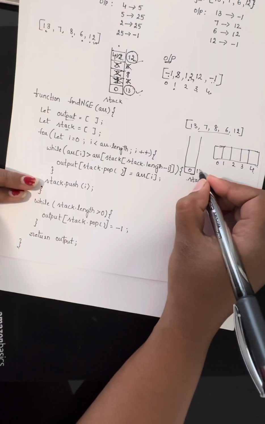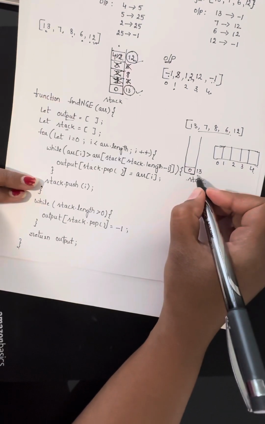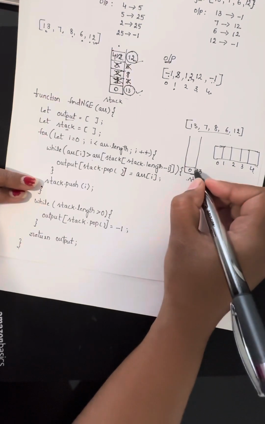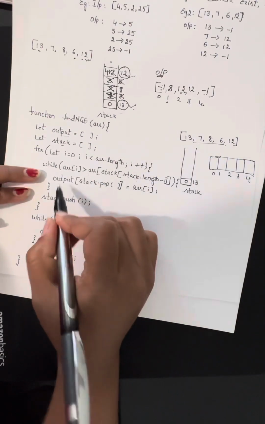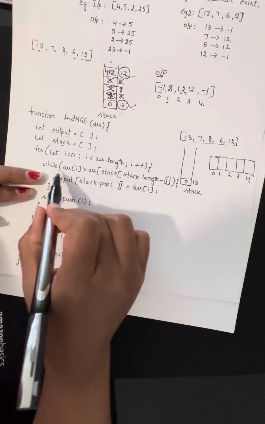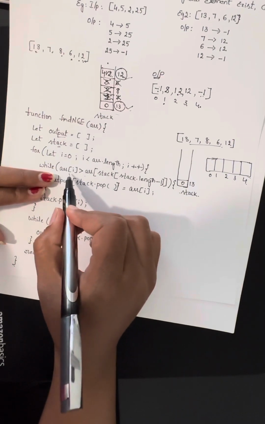I'm writing the element at index 0 beside it for reference. Then I increments, and now I becomes 1.